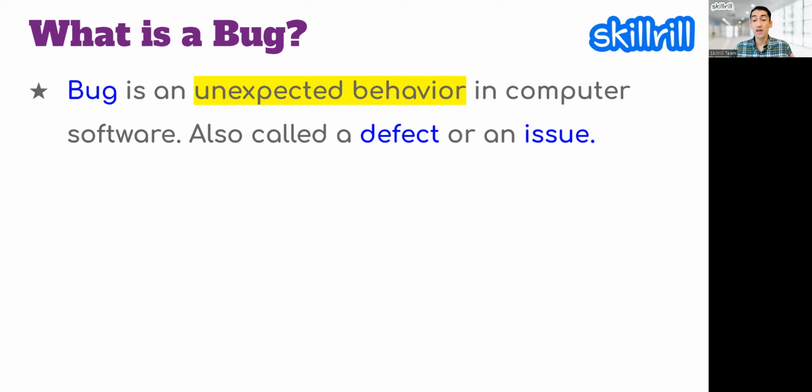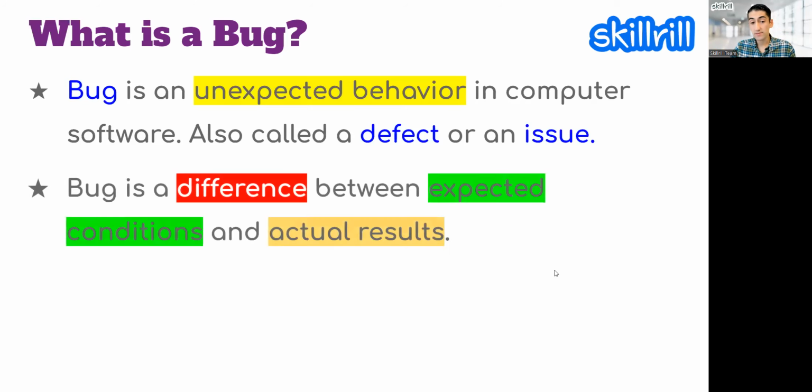So any document that gives you an idea about what users are expecting from this application. So you have some expectations when you start testing. And what you do is that you start comparing your expected results with the actual results, right? The expected behavior with the actual behavior. And then when you see the differences, that was unexpected, right? So therefore, bug is an unexpected behavior in a computer software. And you can say it's a defect or it's an issue. Those can be used interchangeably.